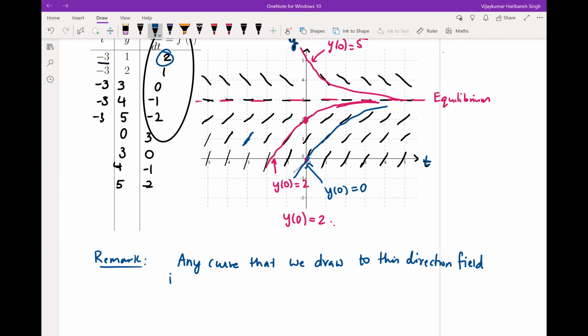It is a solution. So you see, this differential equation has many solutions, but the initial condition lets us pick which one.